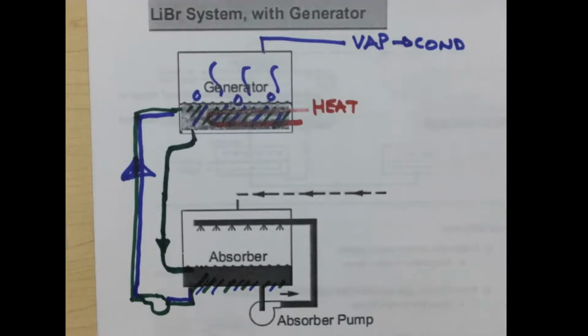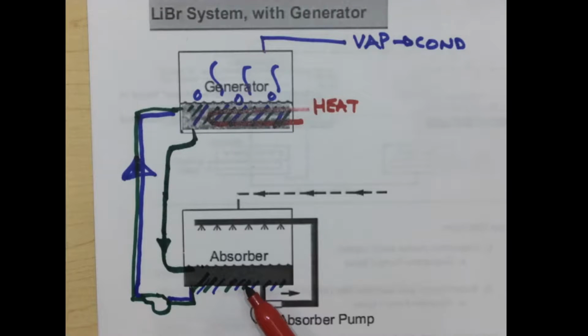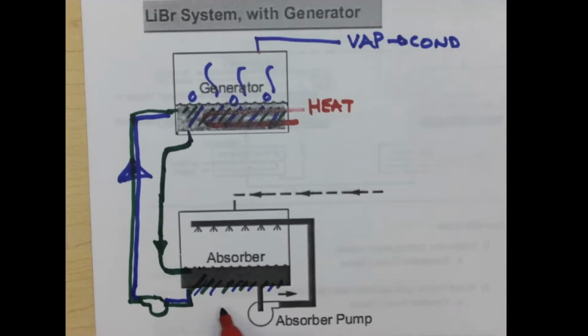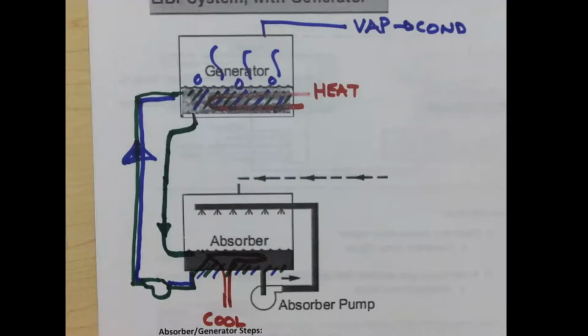Same as we did on the other, the absorber needs to get rid of heat. We had heat added here; the absorber has to lose a bit of heat. So we've got another heating and cooling pathway, and this time it is going to do some cooling.